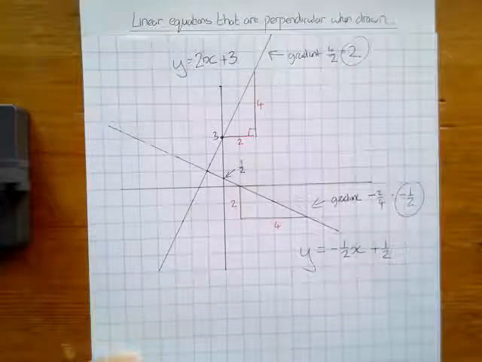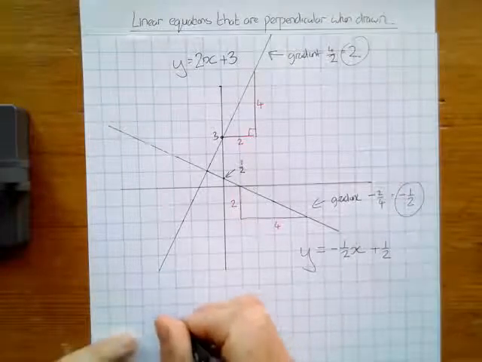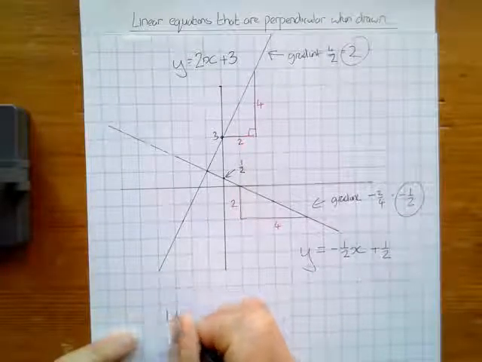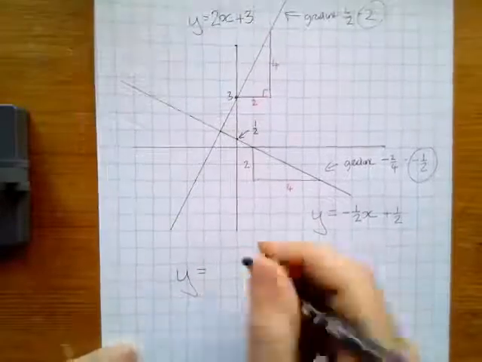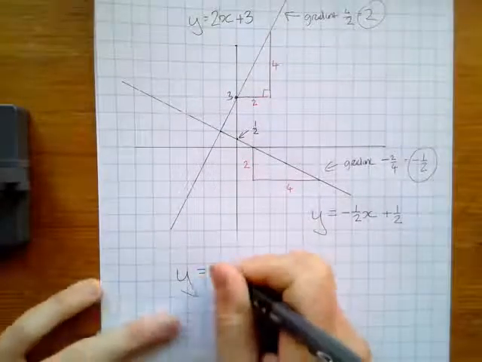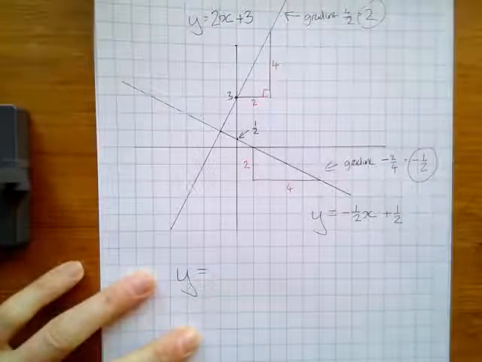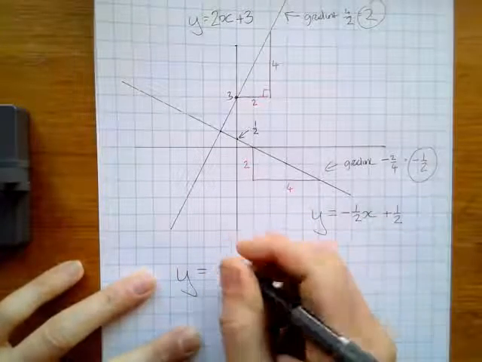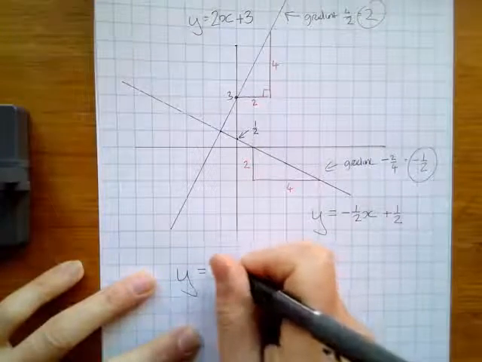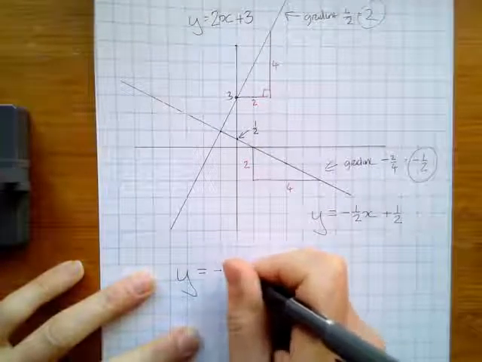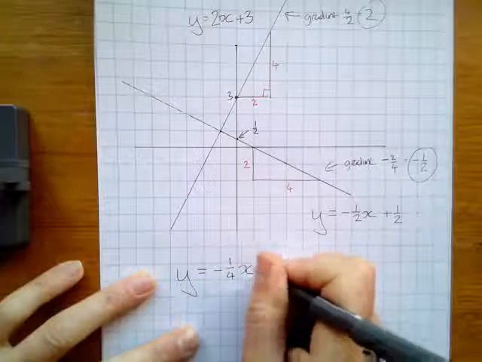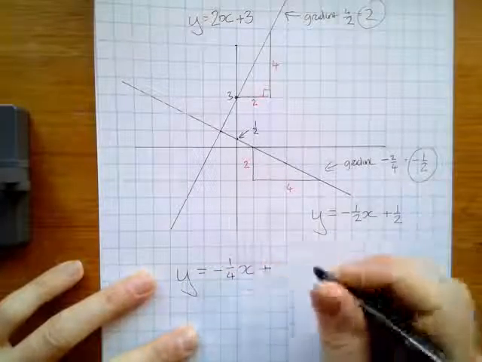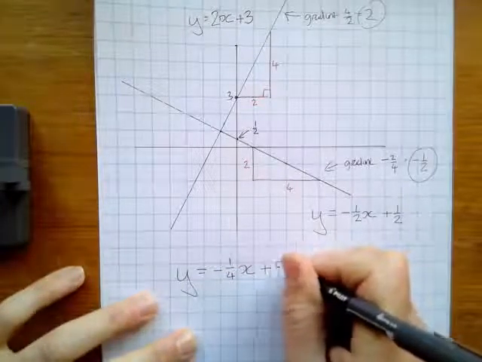Quick example then. Suppose I said to you, I've got the line y equals minus 1/4 x plus 5.